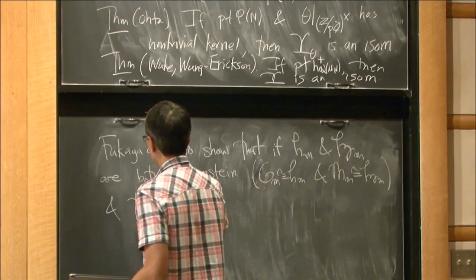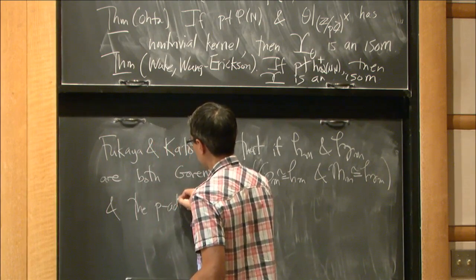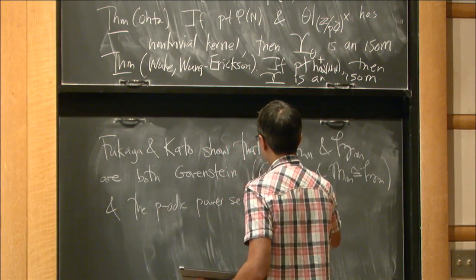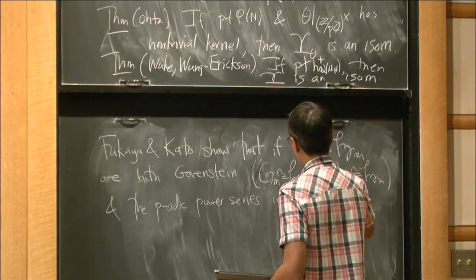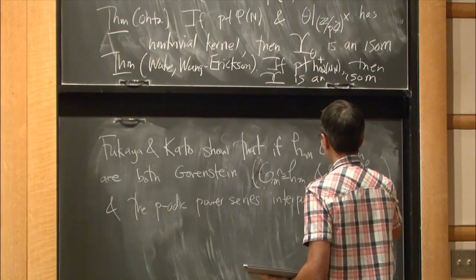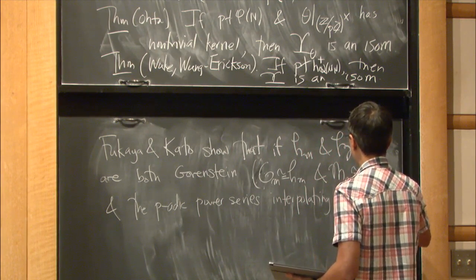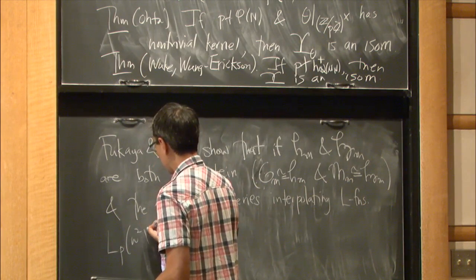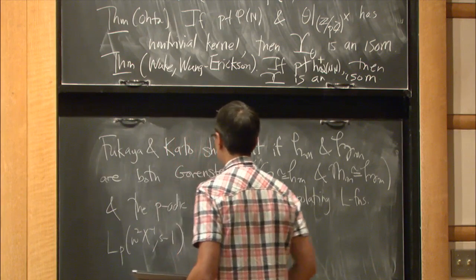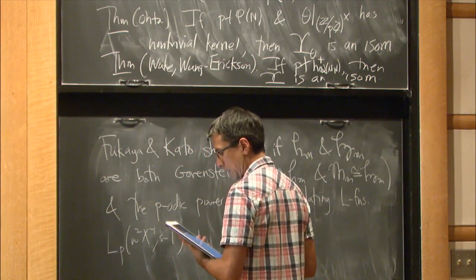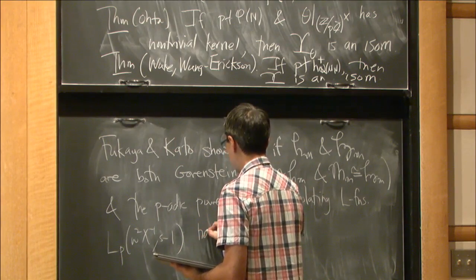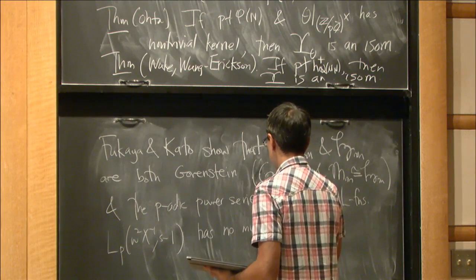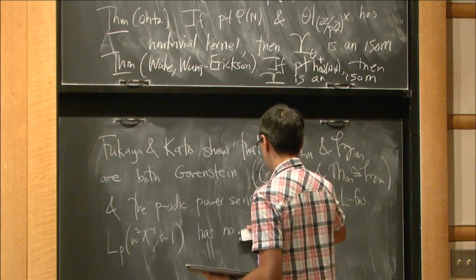And the p-adic power series interpolating the L functions L_p(omega squared chi inverse, s minus 1) somehow has no multiple zeros, no common factors, no square factors.